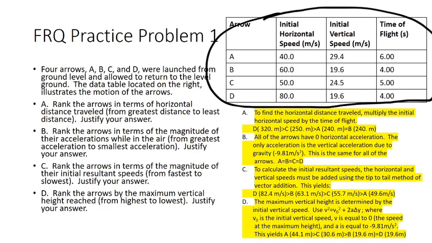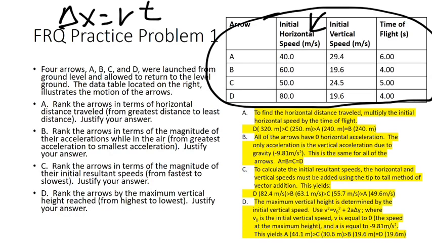Well, hopefully you guys remember that during a trajectory, the horizontal speed doesn't change. And the horizontal displacement is calculated using delta x equals vt. So to calculate each of these ranges, for example, for A, we would go the speed, 40, times the time, 6.